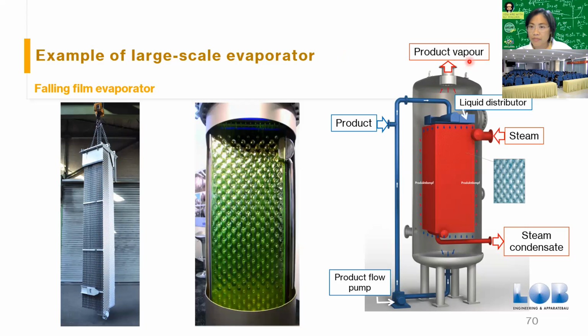At the same time, you put the steam through this liquid film, so it evaporates more efficiently, and the vapor, like water, goes out, and what's left down here is a more concentrated product. Of course, you can reuse the steam. That is another issue about energy efficiency.